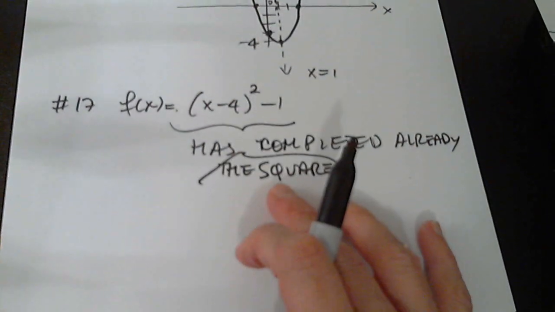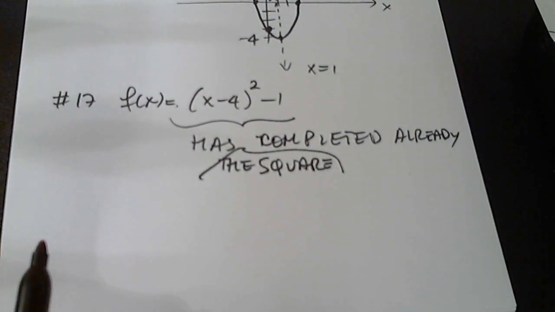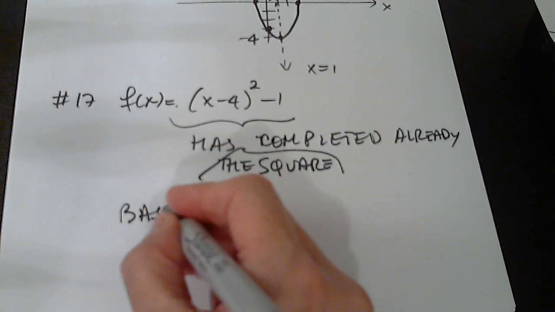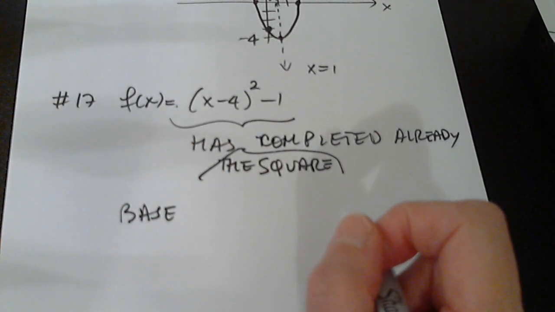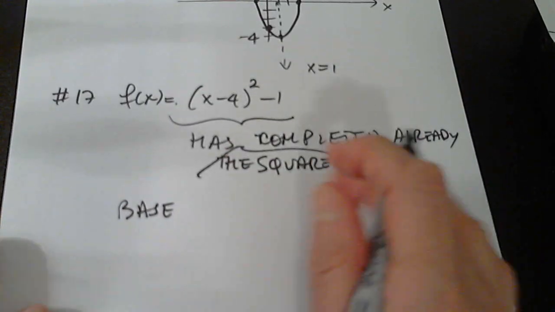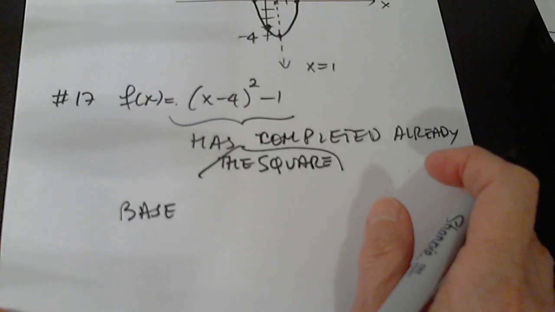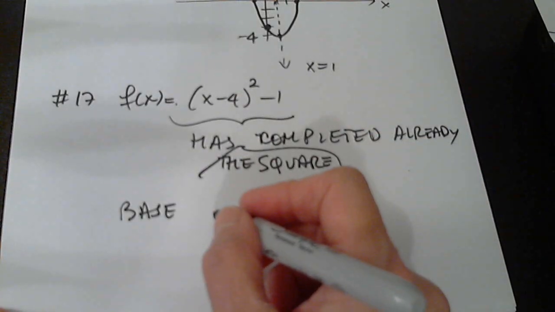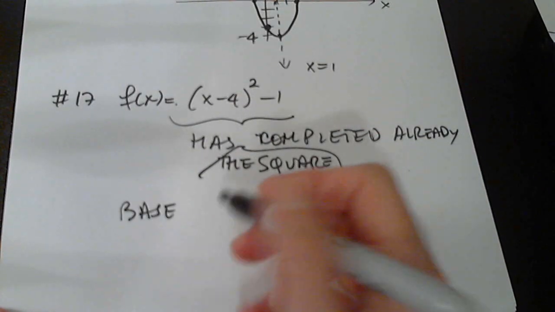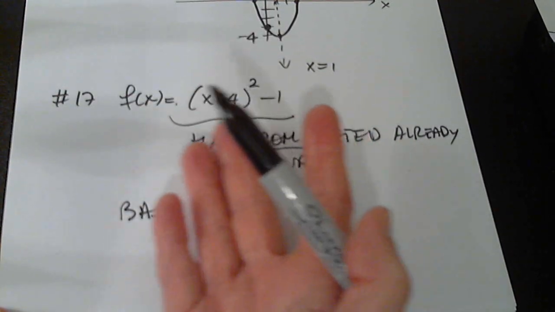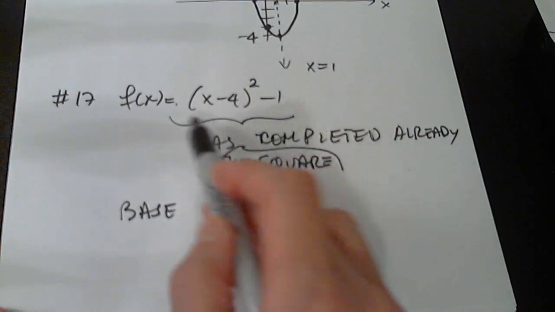If you remember, what is the base function here? From transformations, what is the base function used here? Which base function was used to create this function?